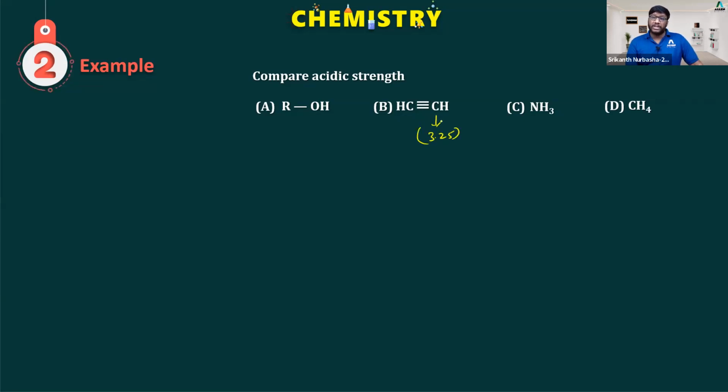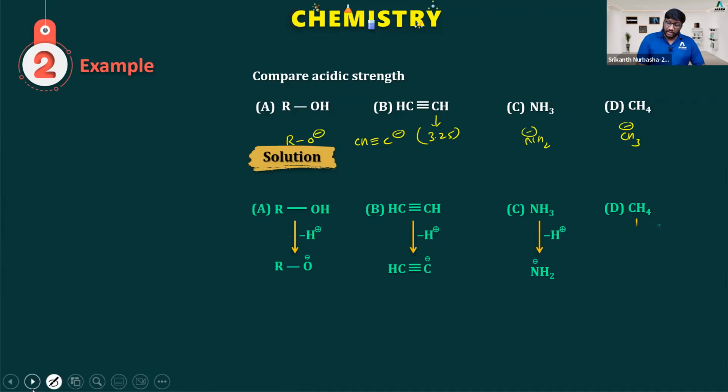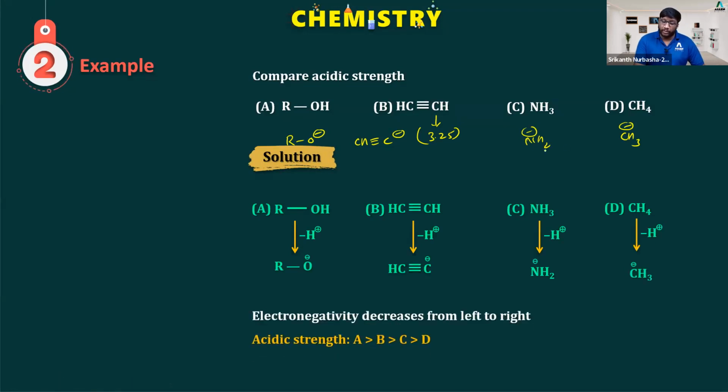The sp hybridized carbon is more electronegative when compared to nitrogen also. So here we get RO minus, here CH triple bond C minus, here NH2 minus, here CH3 minus. Negative charge on a more electronegative atom is more stable. Most electronegative is oxygen, then sp hybridized carbon, then nitrogen, and then carbon. So A greater than B greater than C greater than D, that will be the right order.